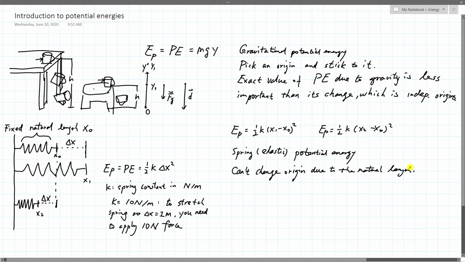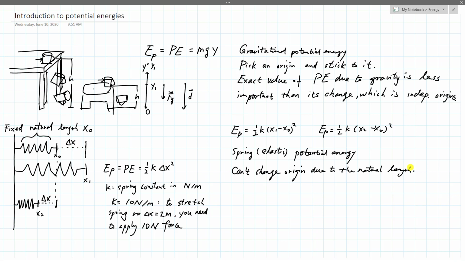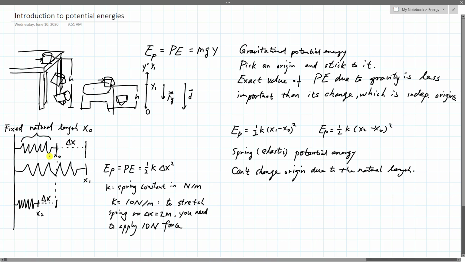So the origin has to be where you pick the natural length. Say if it's right here, this is 0, and you already picked the natural length to be x0. Then the existence of x0 means you've chosen an origin, so that origin has to be the same for measuring the new position of the spring.